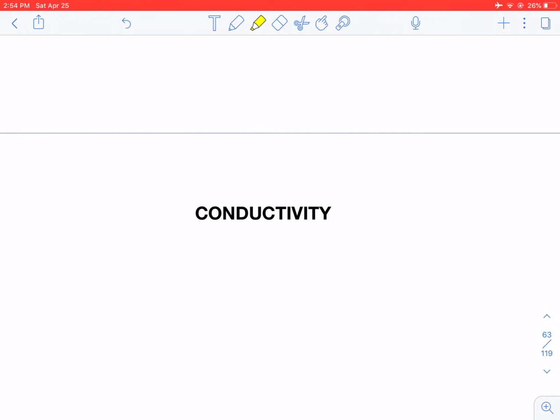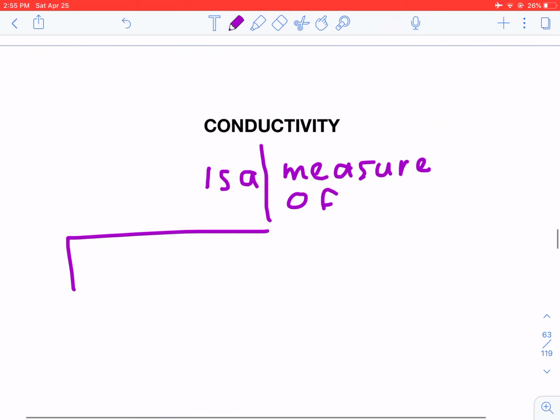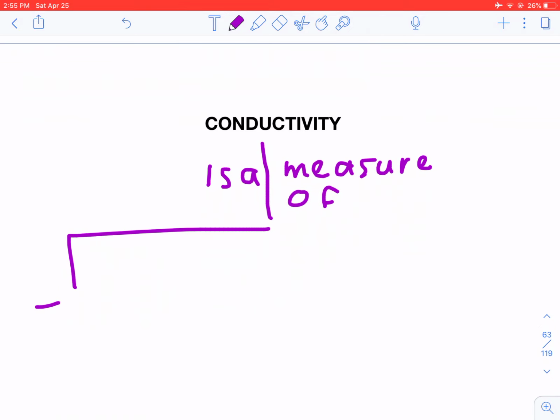Right, so let's just summarize that. Conductivity gives us an indication of the type of solid.